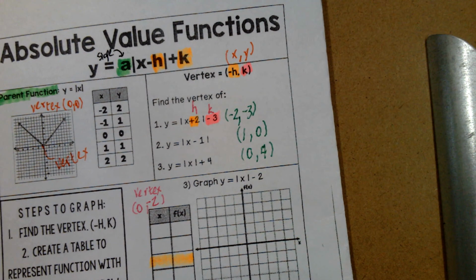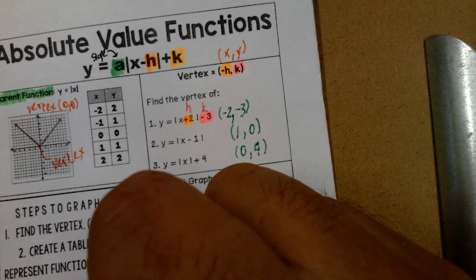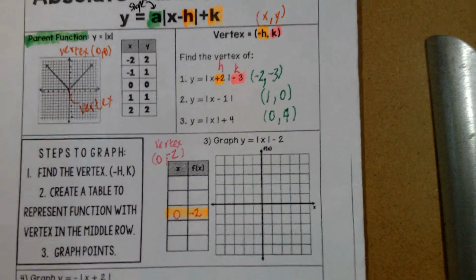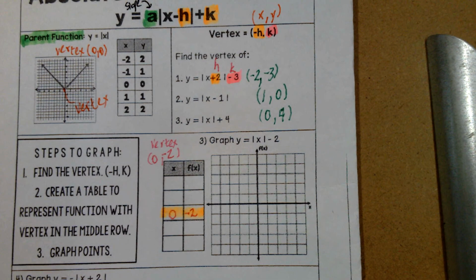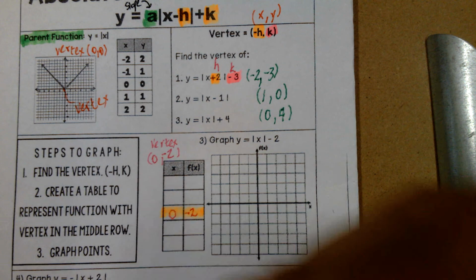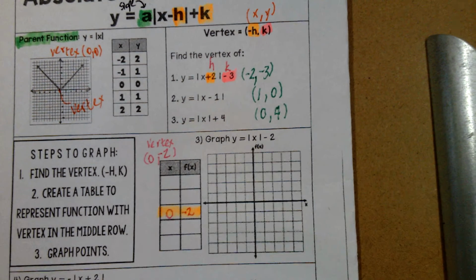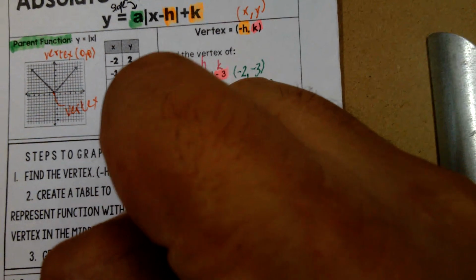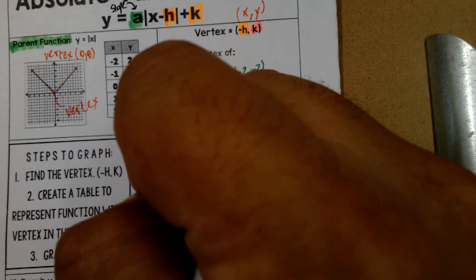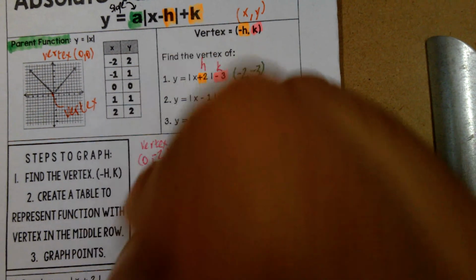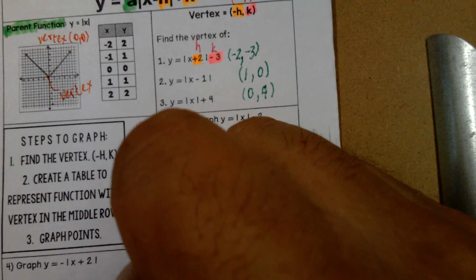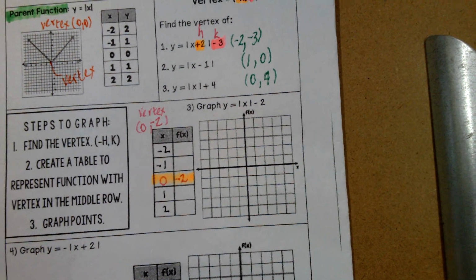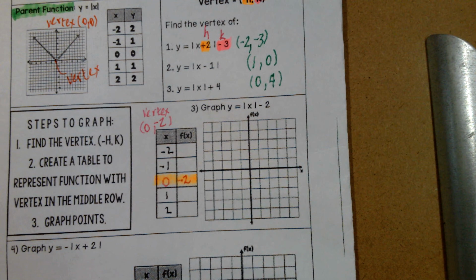So we're going to go ahead and put that in here. 0, and I already know the value here is going to be -2. Okay? So now we're going to pick a couple points less than that, couple points greater than that. So let's see, I'm going to do -1, -2, and then I'm going to do 1 and 2. Okay? So here we go.